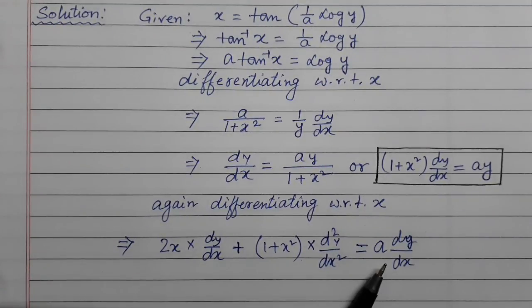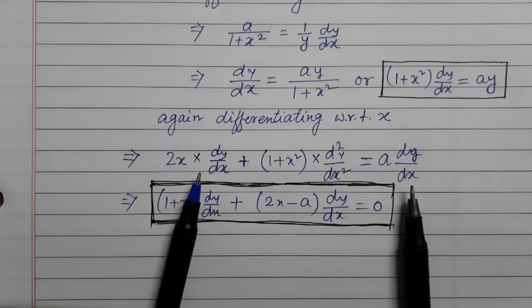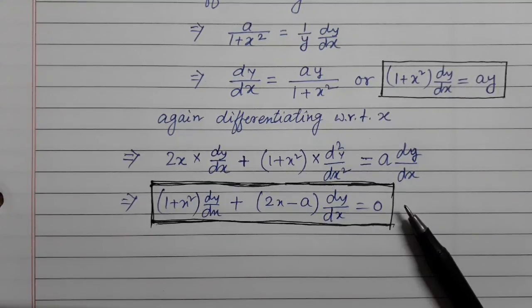Thus I have completed the differentiation. Now I will rearrange the terms to get the statement to prove. After taking this term to the left hand side and taking dy/dx common from these two terms, we can write this, which is the resulting statement.